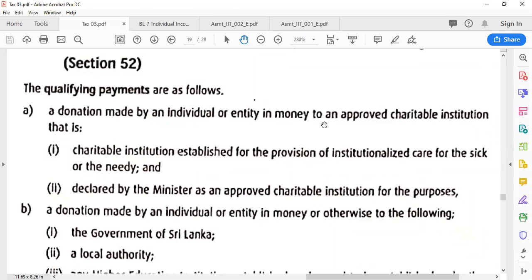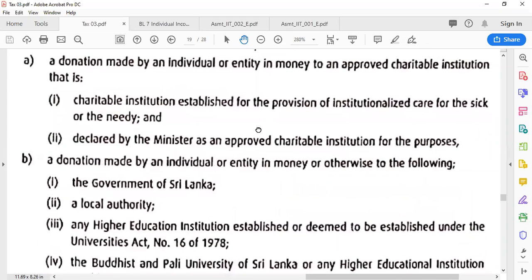Again, the charitable institution means, number one, a charitable institution established for the provision of institutionalized care for sick or needy people. There are many organizations in our society, charitable institutions, established for different purposes, say funeral society, school development society, and education development society.